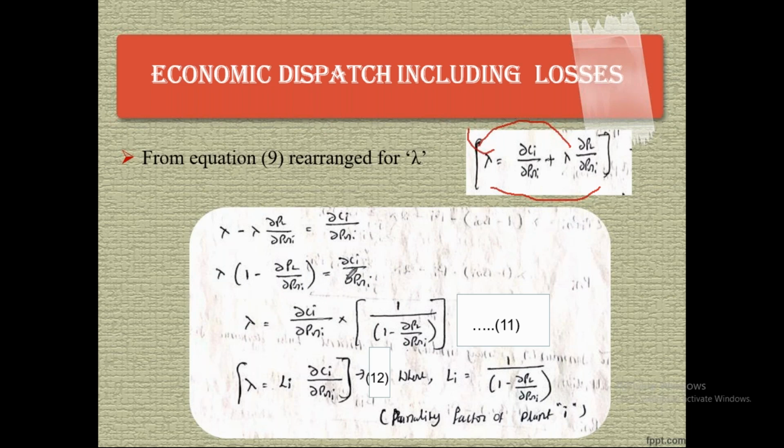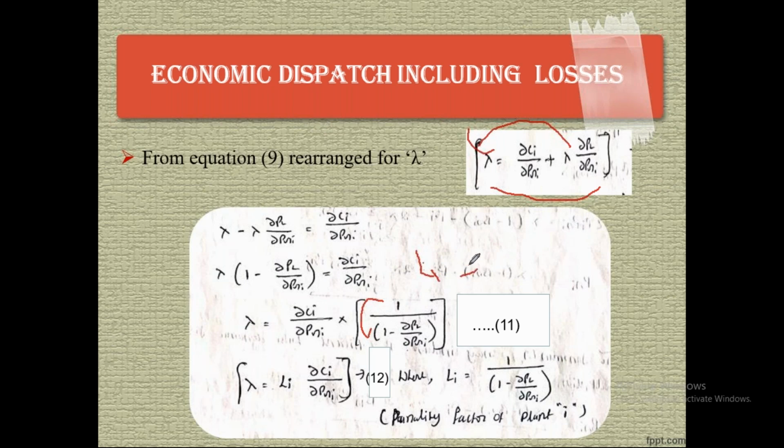From this, lambda equals this entire term brought to the denominator, so 1 divided by 1 − ∂PL/∂PGi. This term is denoted by Li, and Li is called the penalty factor.